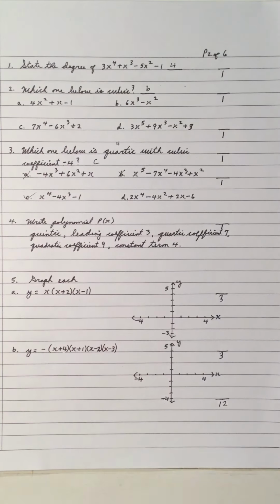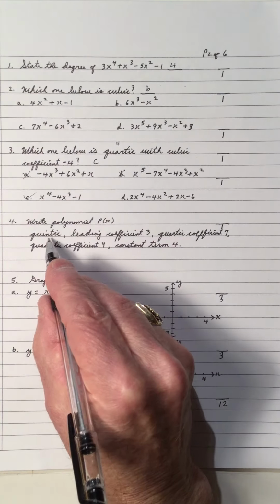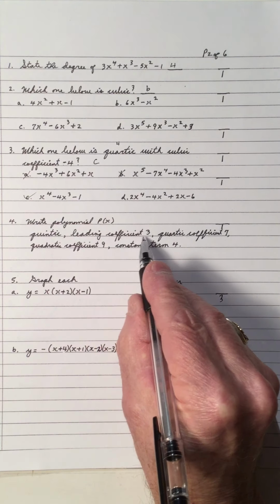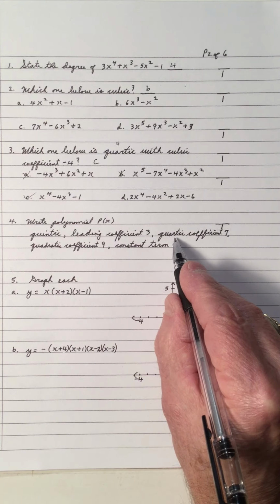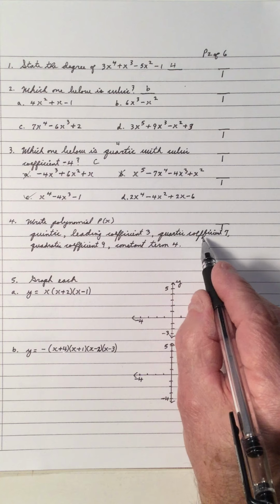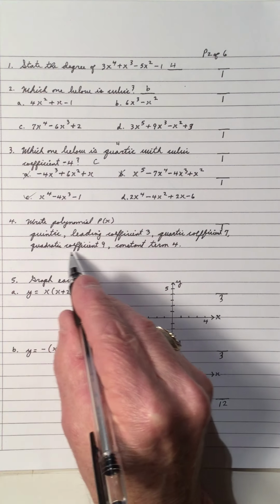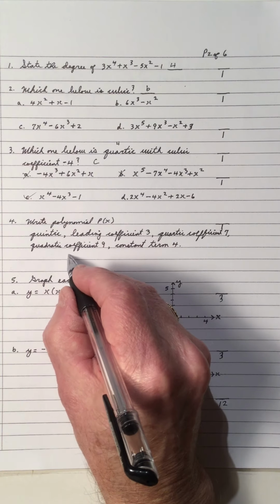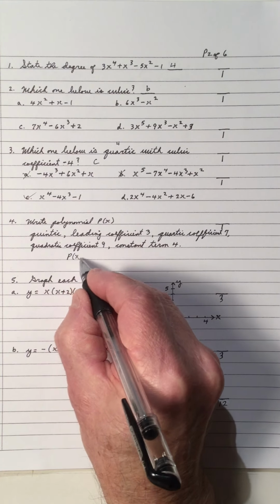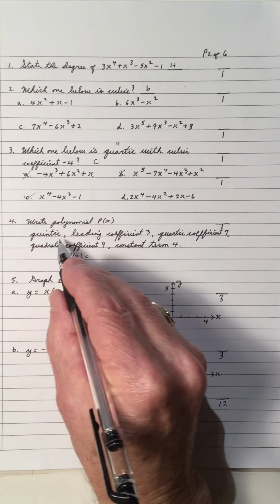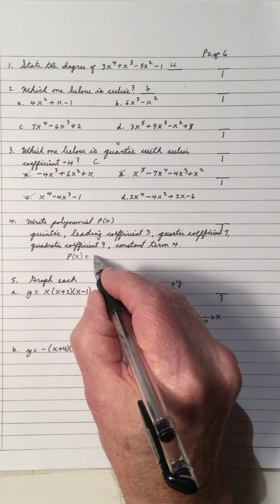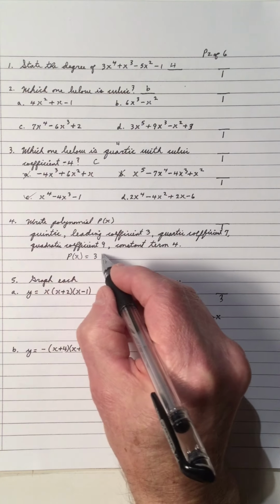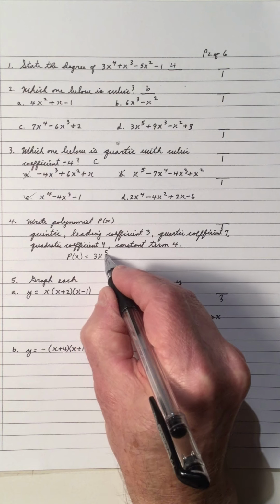Write the polynomial p of x, which is quintic, leading coefficient of 3, quartic coefficient of 7, quadratic coefficient of 9, and a constant term of 4. So we have p of x is the polynomial. The leading coefficient is 3, and it's quintic, so that's degree 5.